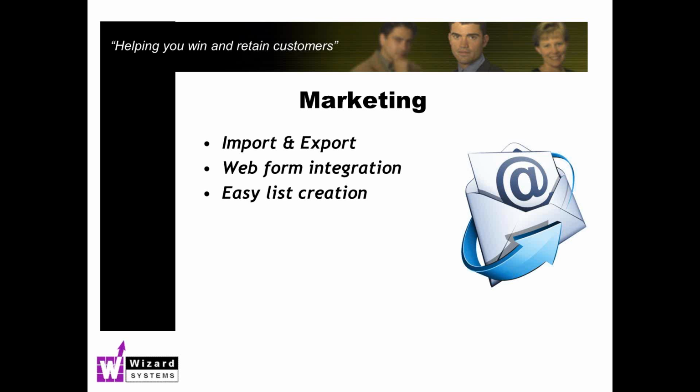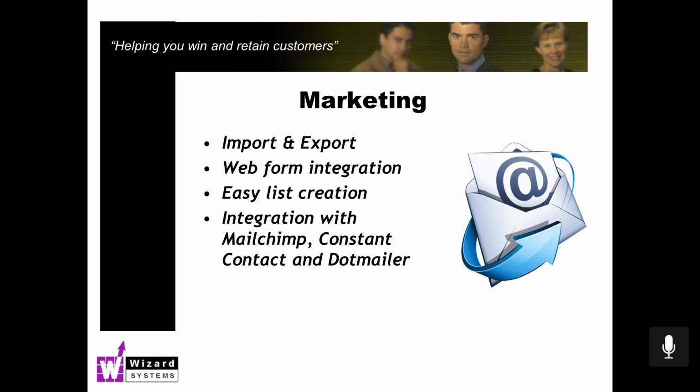Now, before doing any email marketing campaign, of course, you consider who are the recipients, who are you going to send this email to. So with Workbooks, you've got really easy ways of creating those lists, creating the criteria for the people on that list, and then uploading that, integrating it with one of three popular email marketing systems.